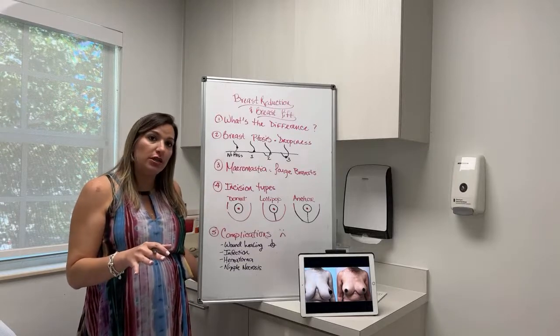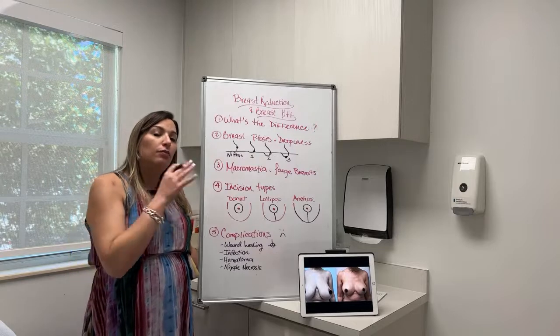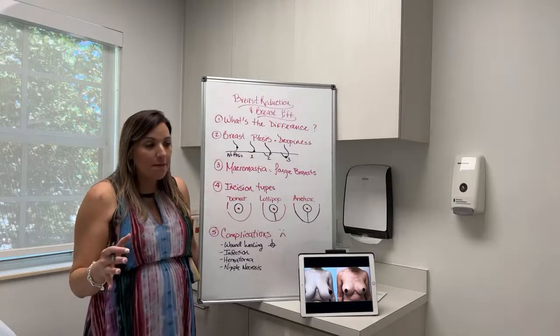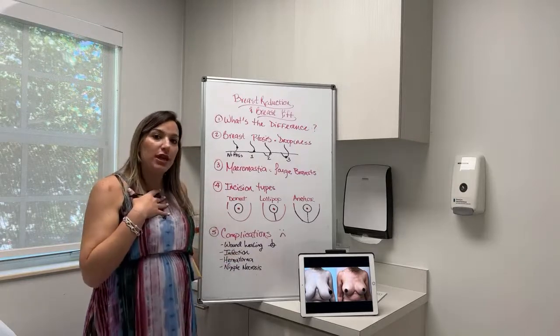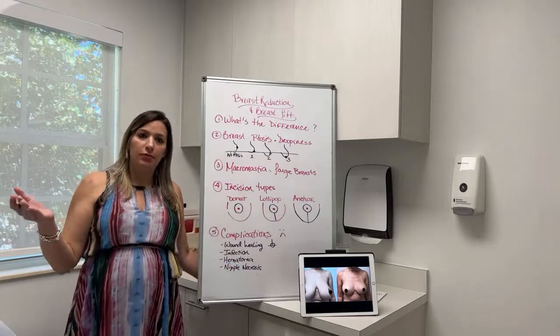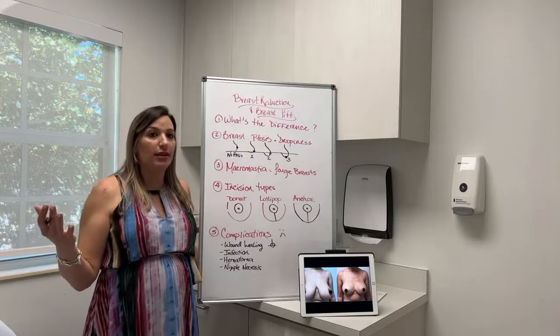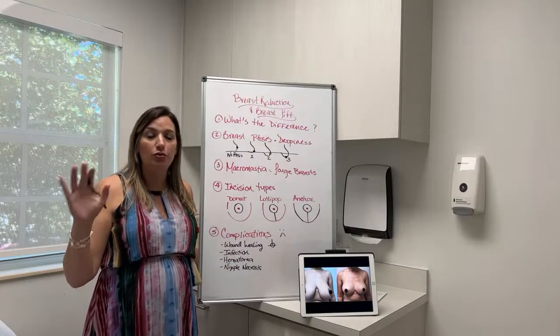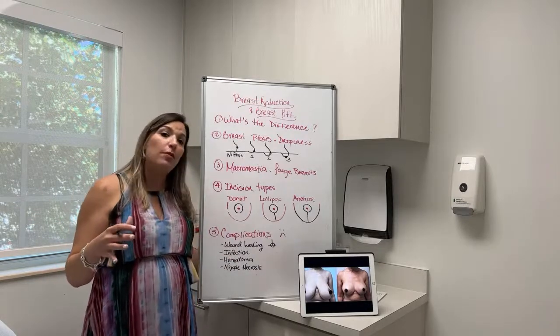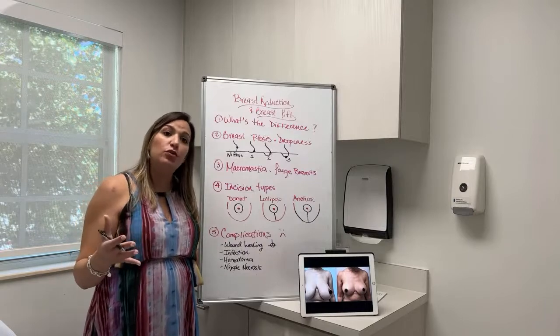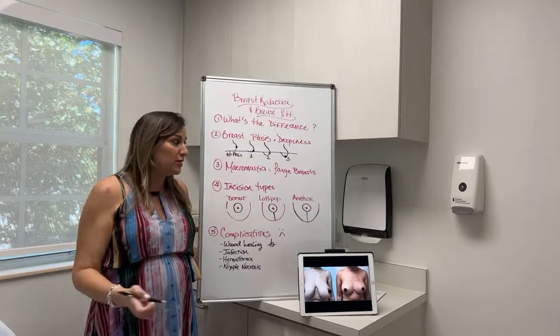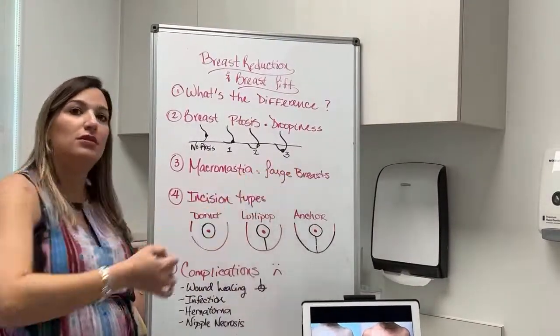In a few patients, when we're talking about breast lift and implants, I suggest staging it. What does that mean? We do the breast lift first, and then you come back later, 3 to 4 months after, to put the implants in. It's not very common that we have to do that, but sometimes we do, especially when patients have a grade 3 ptosis.